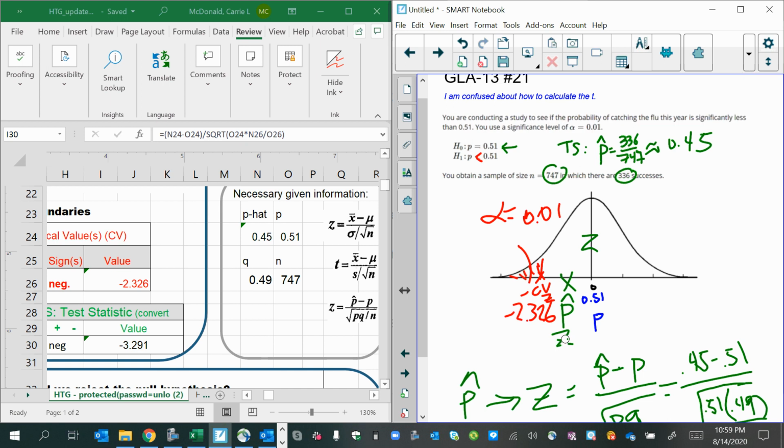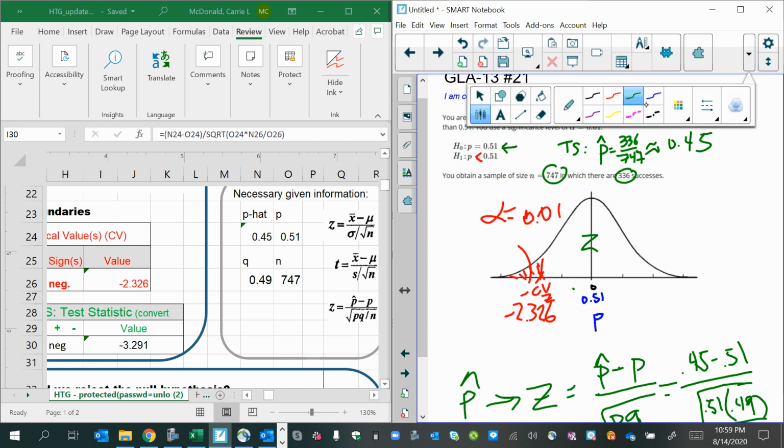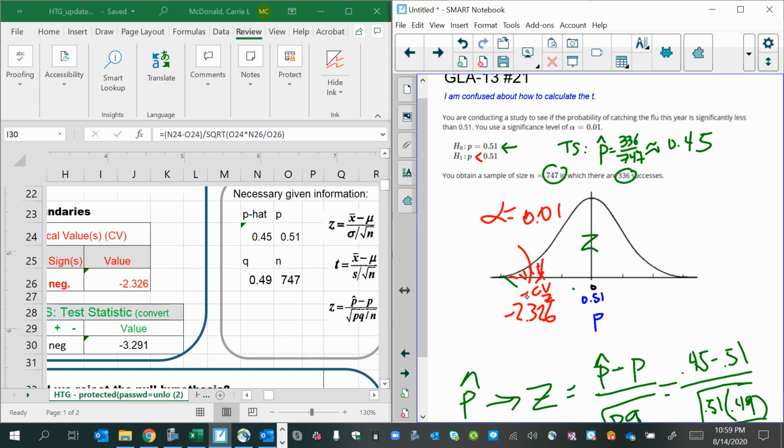So we will reject the null hypothesis here because our test statistic, our p hat, has a z-score that's more extreme than the critical value. And this p-value over here, that's the probability of this happening by chance.